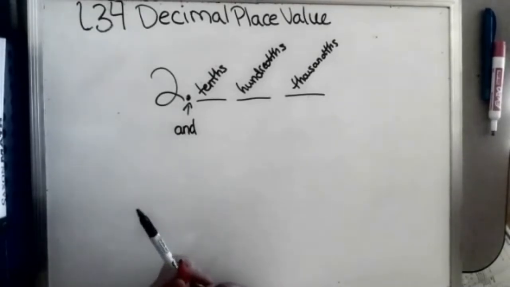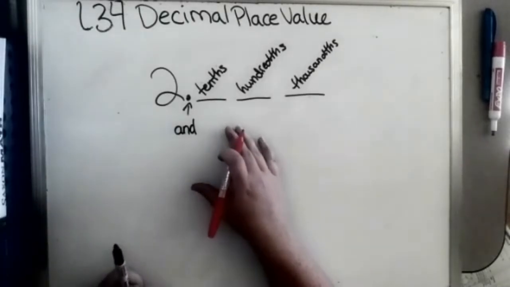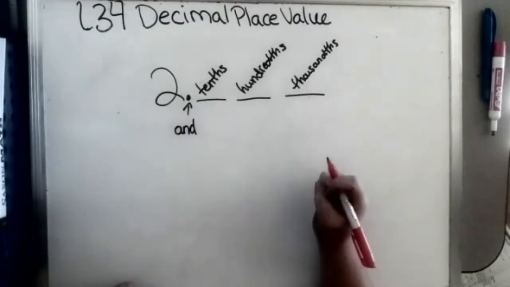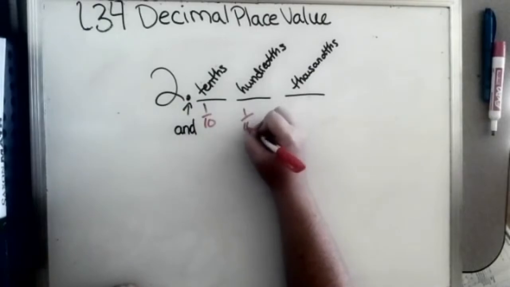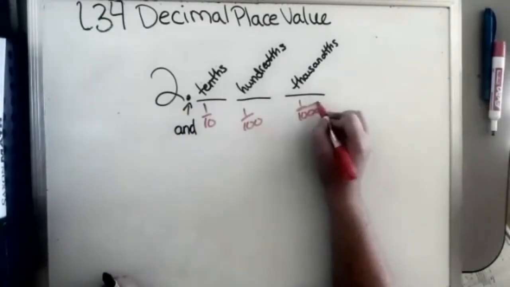Okay, so if I'm doing this, my fraction for these, because remember these are no longer whole numbers, this side is whole numbers, this side is not whole numbers. So this is tenths, hundredths, thousandths.